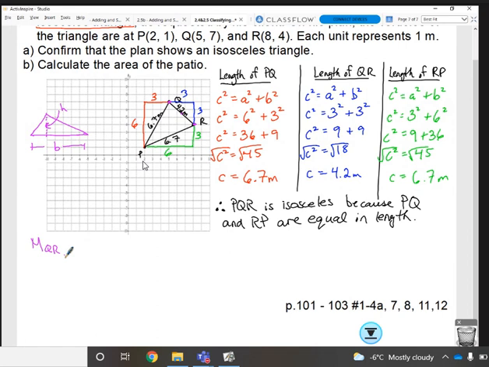This is going to sound a little weird. We get the midpoint. X1 plus X2 over 2, Y1 plus Y2 over 2. This is for coordinate QR, or line segment QR. So we'll say Q and R, X1, Y1, X2, Y2, and then it's 5 plus 8 over 2, 7 plus 4 over 2.